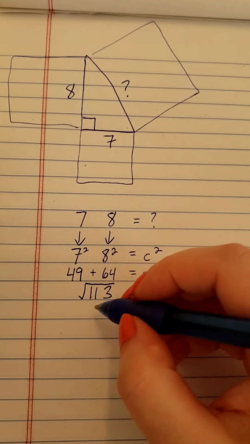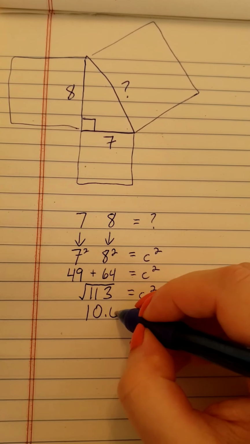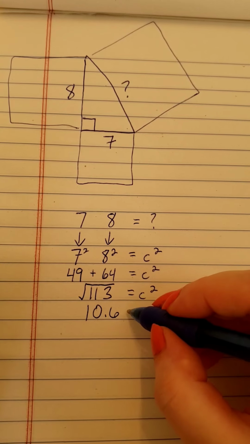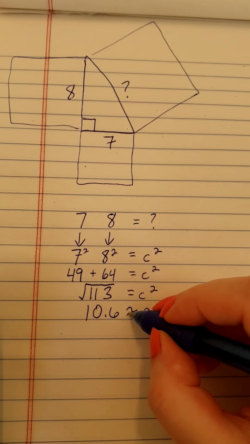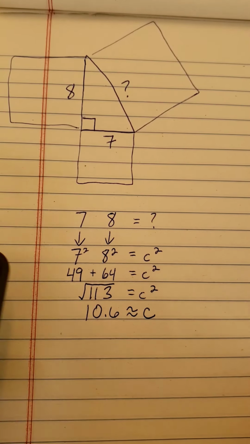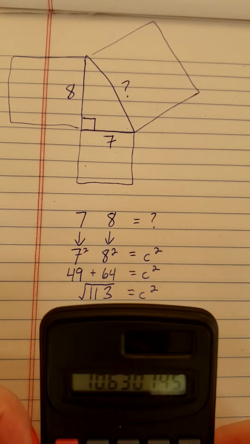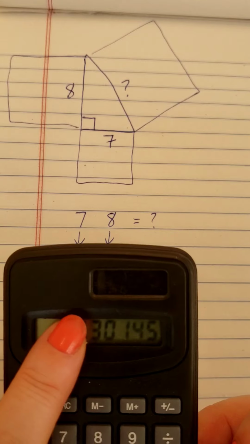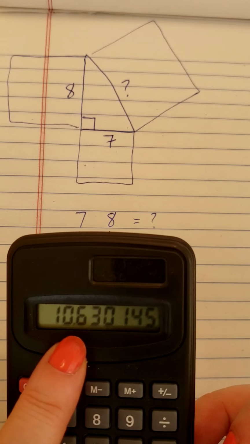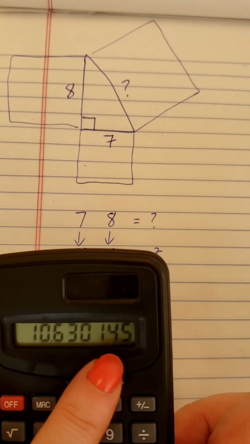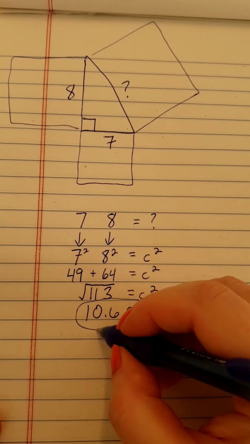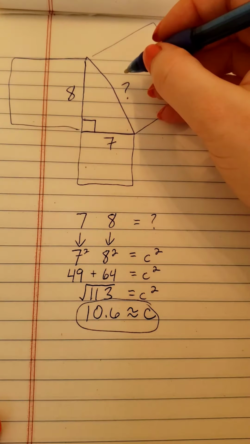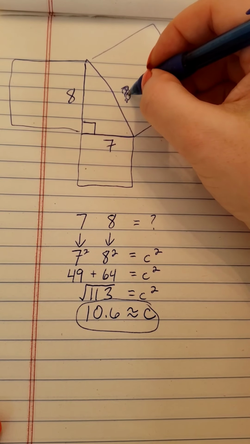I'm going to round that to 10.6. And I'm going to say this is approximately, so I'm going to use these little squiggle lines to tell us approximately. So it's approximately 10.6 here. So it's around 10 6/10 for the side length.